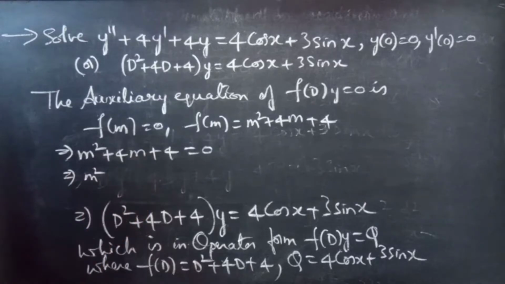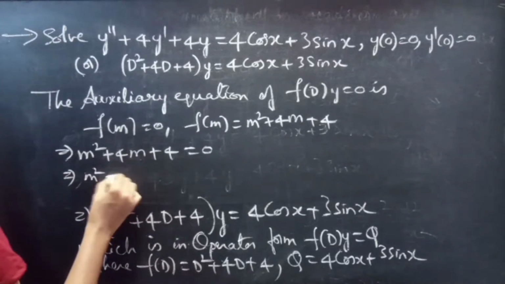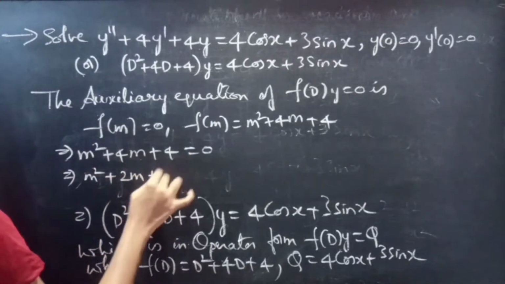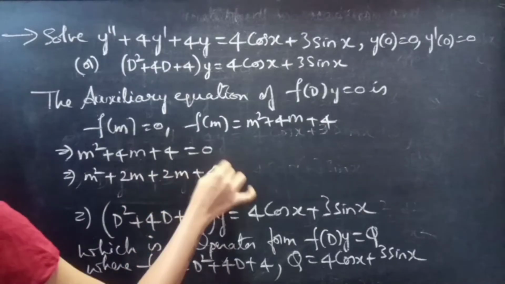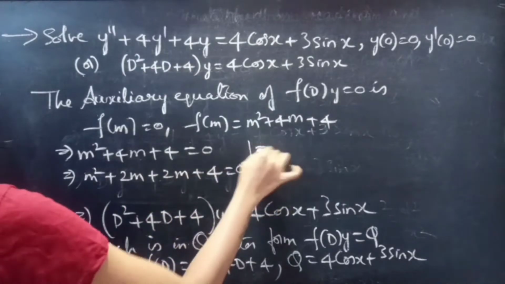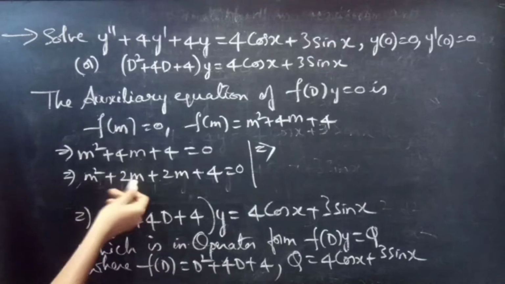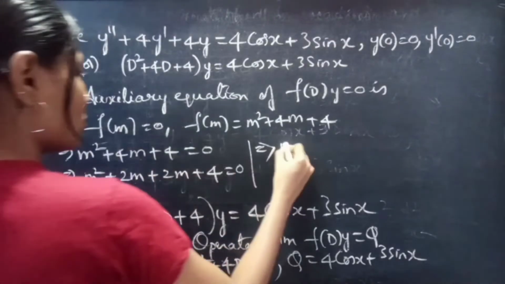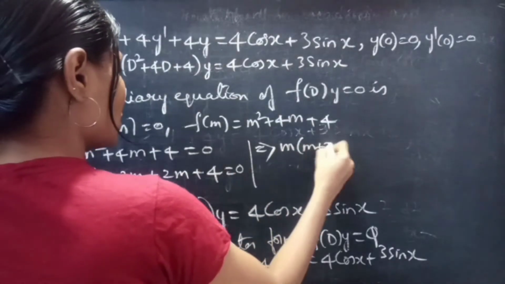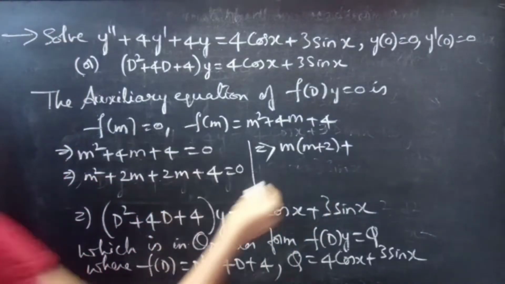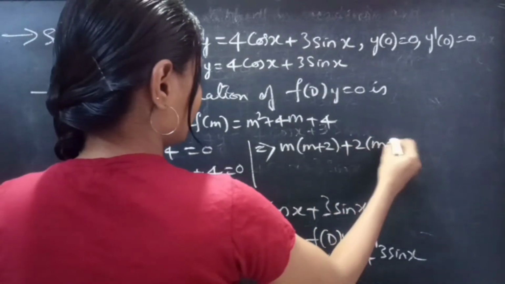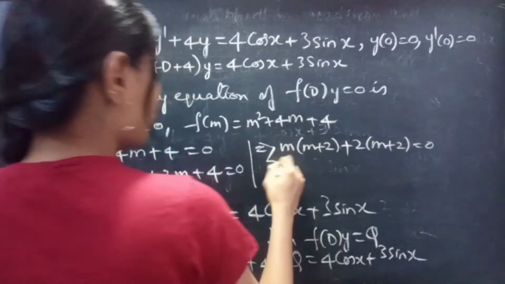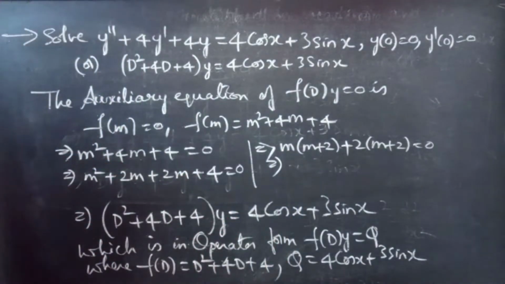We can again split this 4m as 2m + 2m, right? Now we can take m common from the first two terms and take 2 common from the next two terms. You notice we are having m + 2 in both the terms, right?